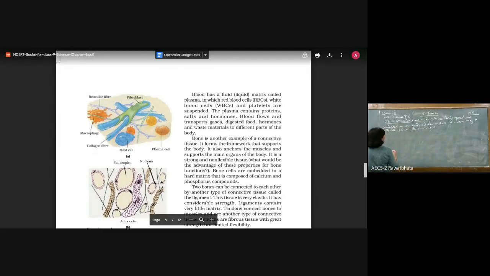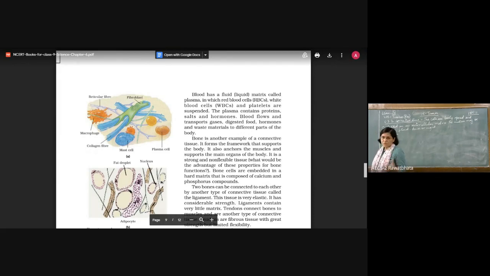So the structure of the blood: we are going to begin with the first connective tissue, that is blood, and I am writing them on the basis of the latest edition of the textbook. I am labeling it as A, that is blood. What all does it have?